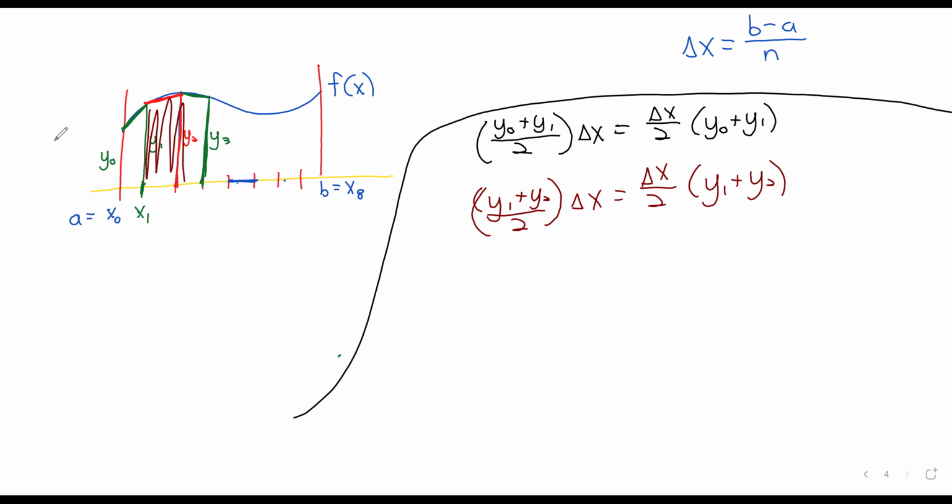And the third one is y2 plus y3 over 2 times delta x. Delta x over 2 times y2 plus y3. And let's ask what happens if we put these together.